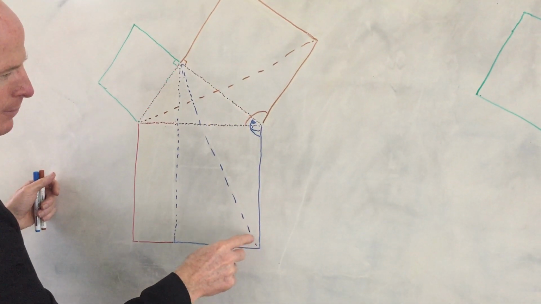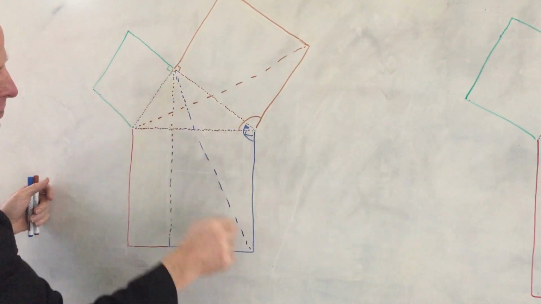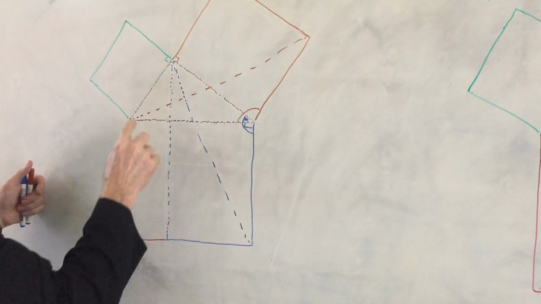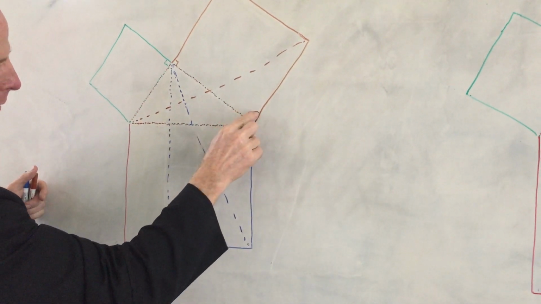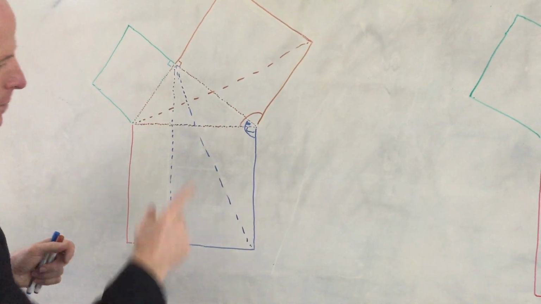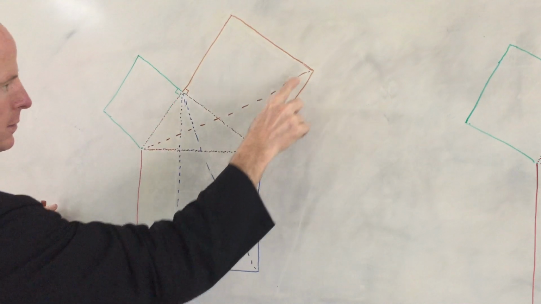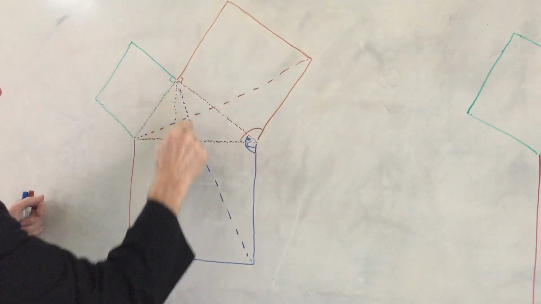I'm going to do it one more time. Side, angle, side in this triangle is equal to side, angle, side in this triangle. Therefore, the base is equal to the base, the triangle is equal to triangle. So this triangle is equal to this triangle.